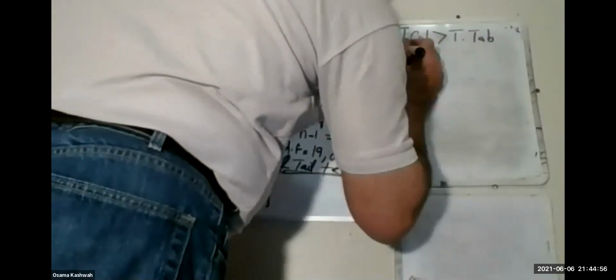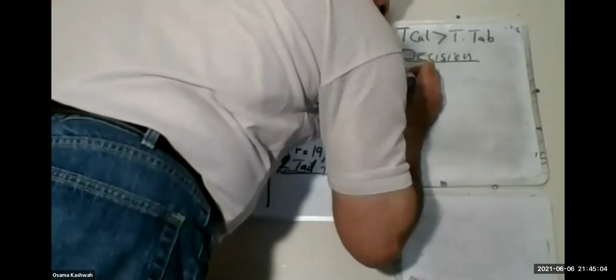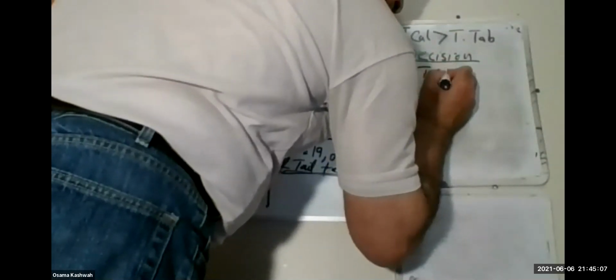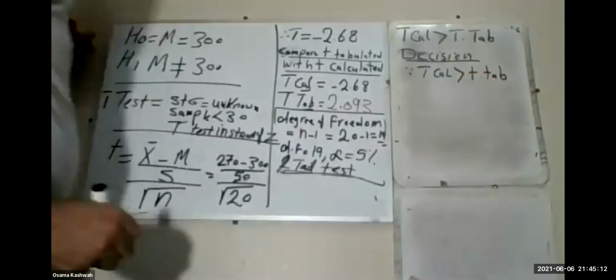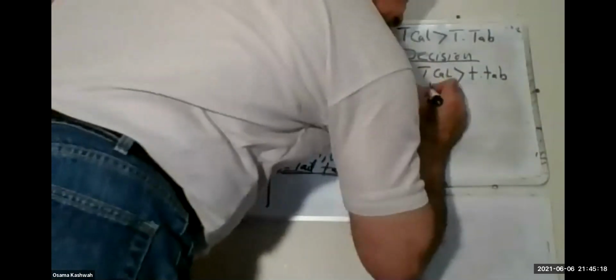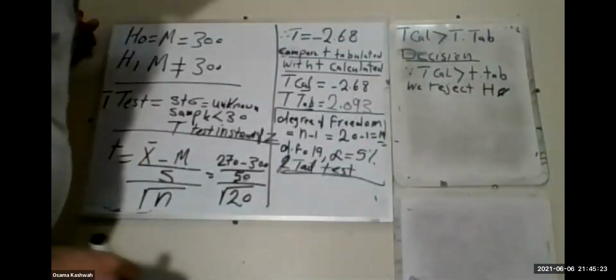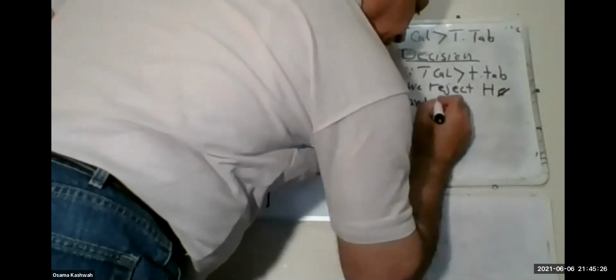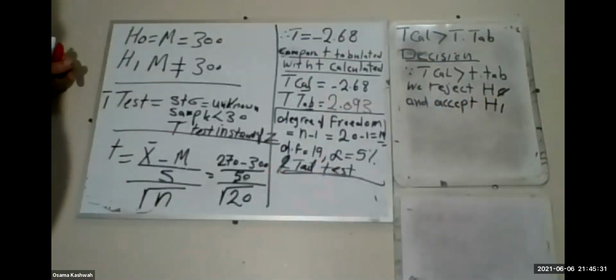We'll write the decision, the last thing: due to T calculated being greater than T tabulated, we reject H0 and accept H1.